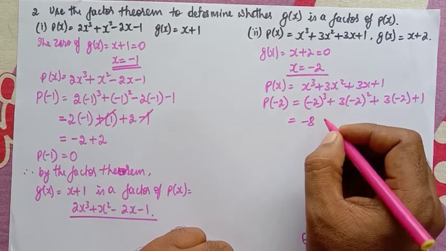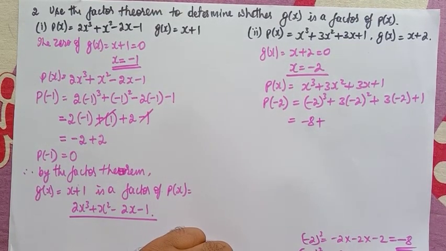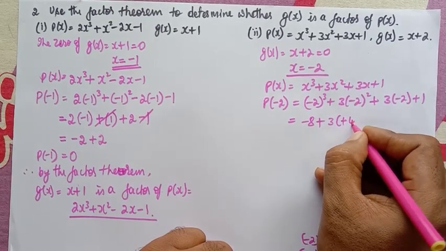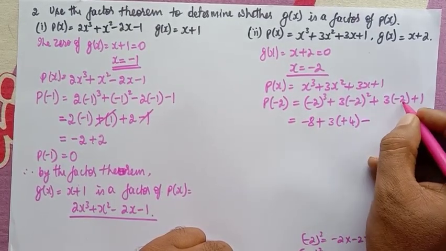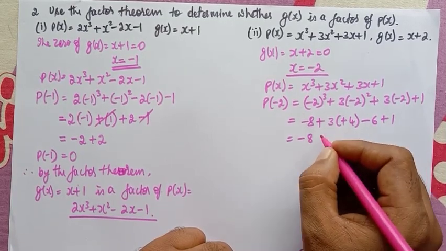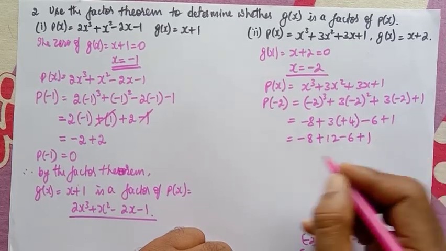Minus 8 plus minus 2 whole square is minus 2 into minus 2, which is equal to minus into minus is plus, 2 twos are 4. So, 3 into plus 4, and plus into minus is minus, 3 twos are 6, plus 1. So, the answer is minus 8 plus 3 fours are 12, minus 6 plus 1.